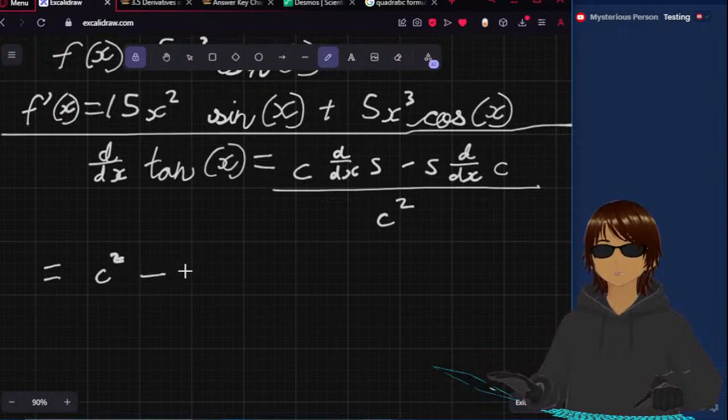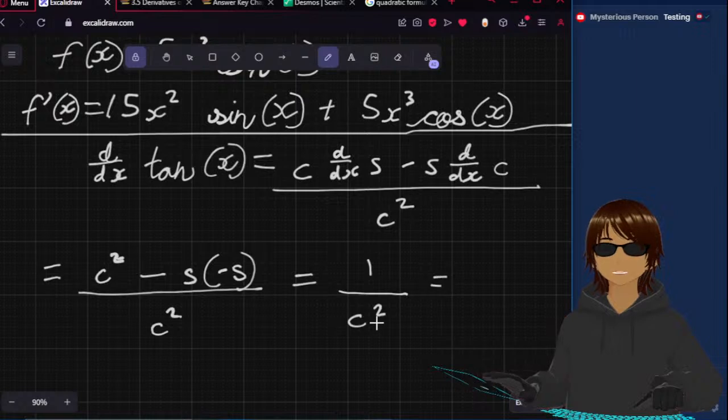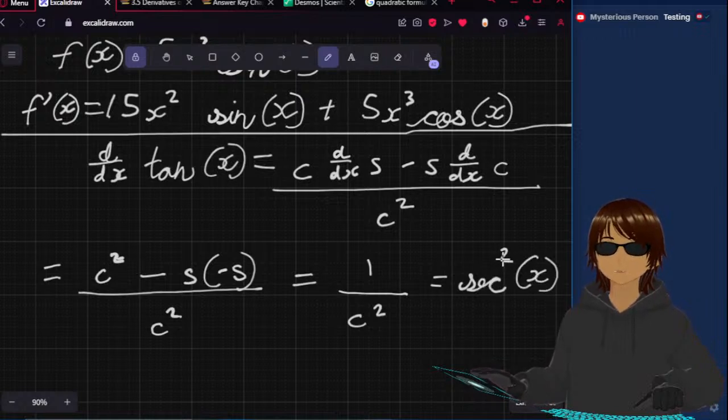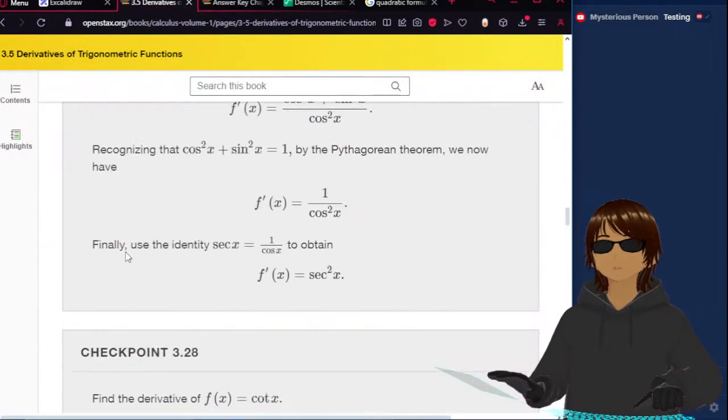And then minus derivative of cos is minus sine. Then bottom squared. This is 1 over cosine squared, which I think is secant squared. I think. I am not sure. Yeah.